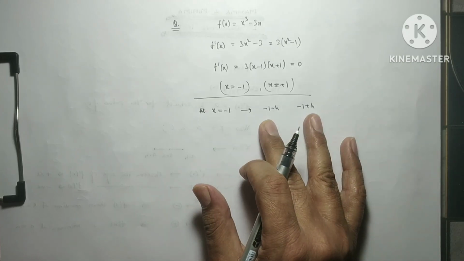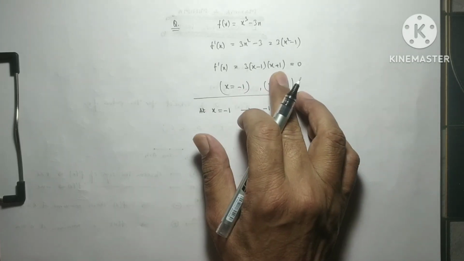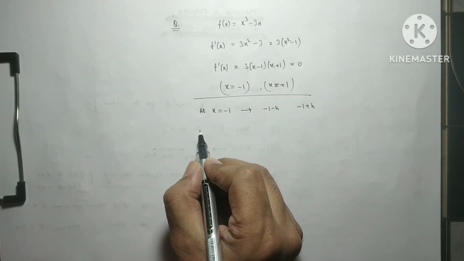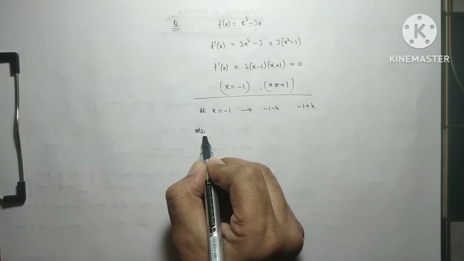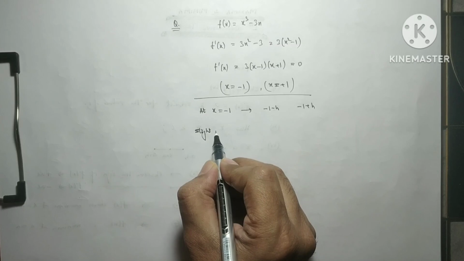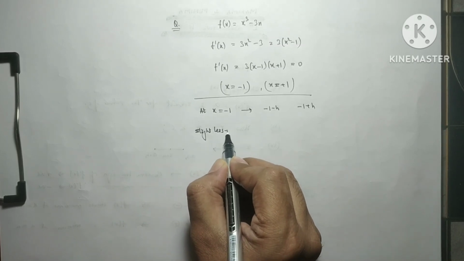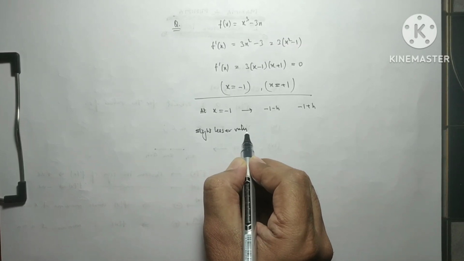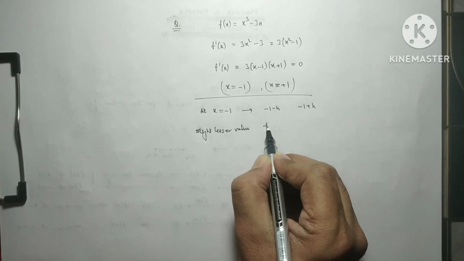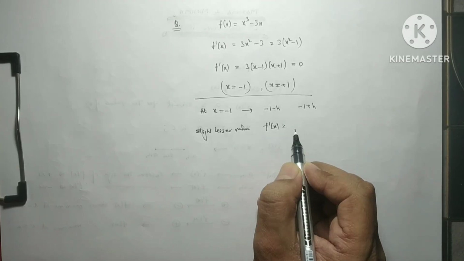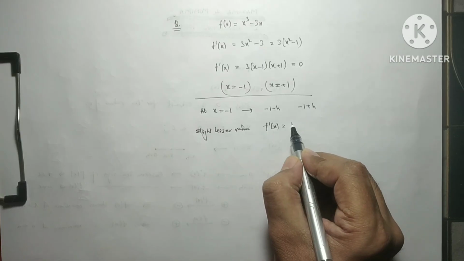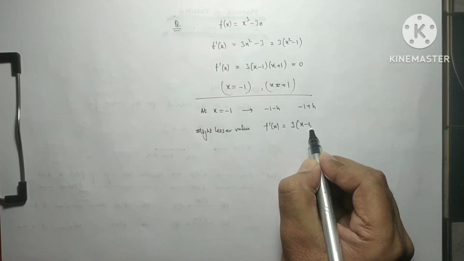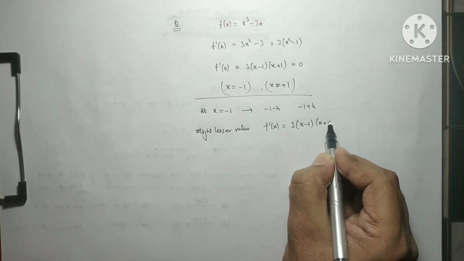So we put these values in f dash x, which is 3(x minus 1)(x plus 1).